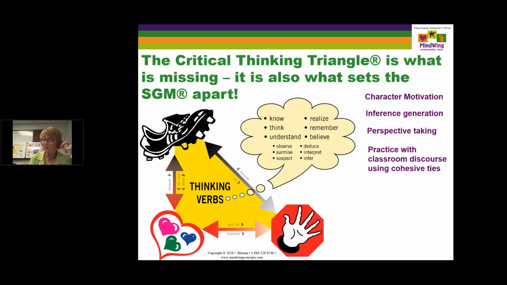Practice with classroom discourse using cohesive ties. If you look at the arrows along the critical thinking triangle, you'll see the conjunctions that are vital for beginning narratives. Theory of mind, which is getting into the mind of another person, entering the community of minds. Critical thinking, thinking critically. Of course, the critical thinking triangle is critical.